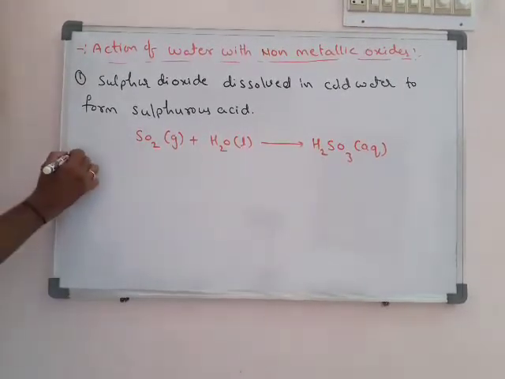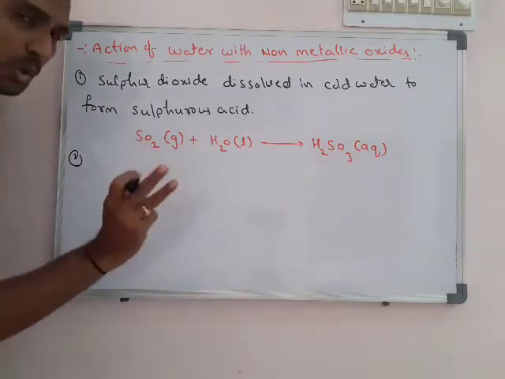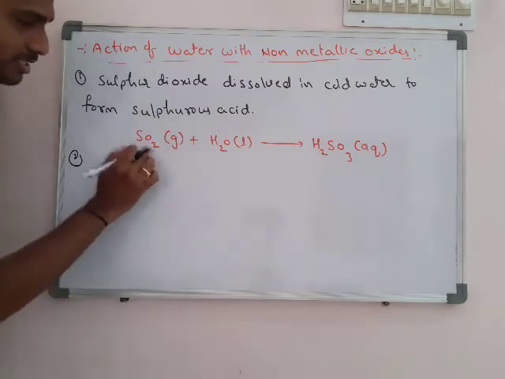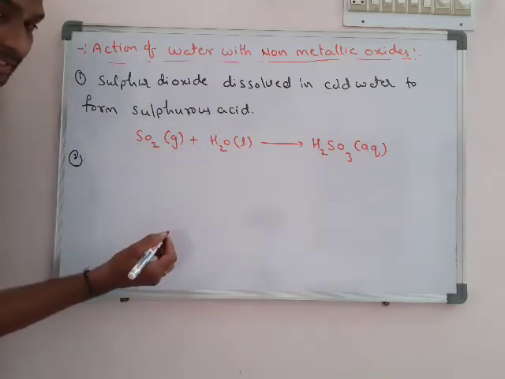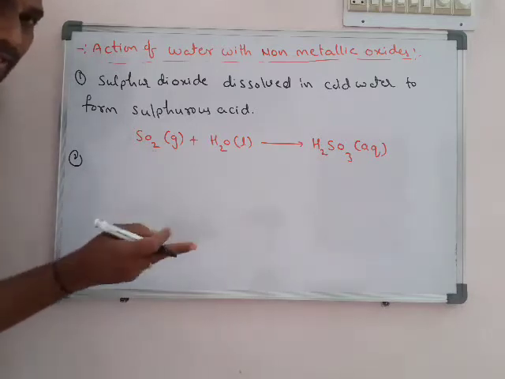Sulphur trioxide. In the same way, sulphur has two oxides present: sulphur dioxide and sulphur trioxide. Dioxide is 2, trioxide is 3.